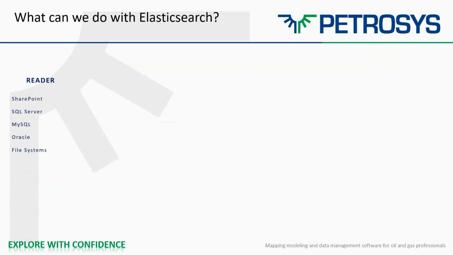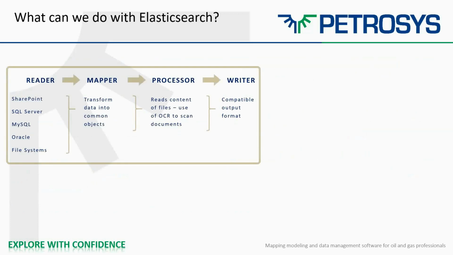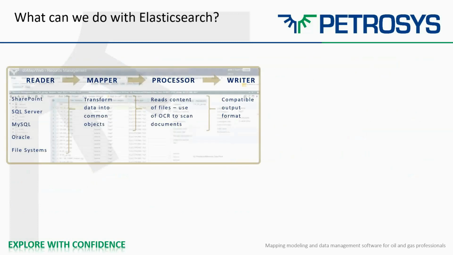In step 1, we read the data from various data sources. We then transform the data into common objects over which we will scan the content and convert the data into a compatible output format for Elasticsearch. In step 2, Elasticsearch will then be used to work through the data provided and begin classification and categorization of the documents.